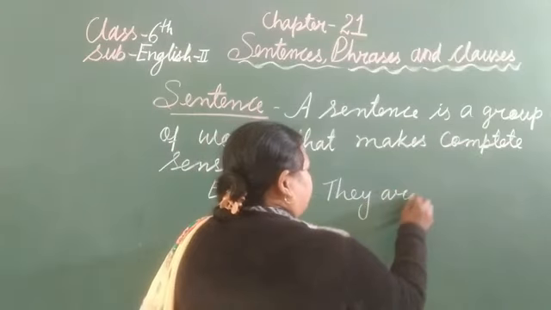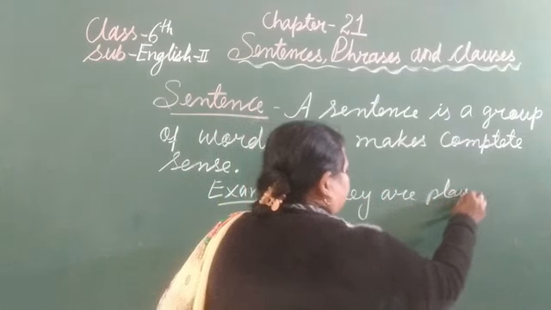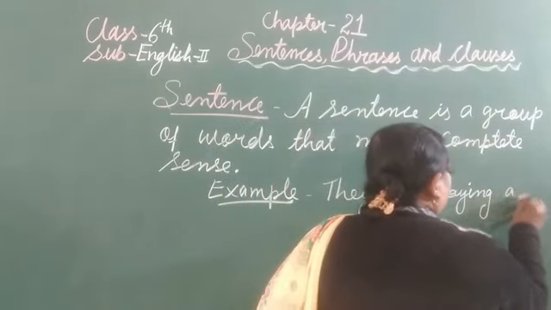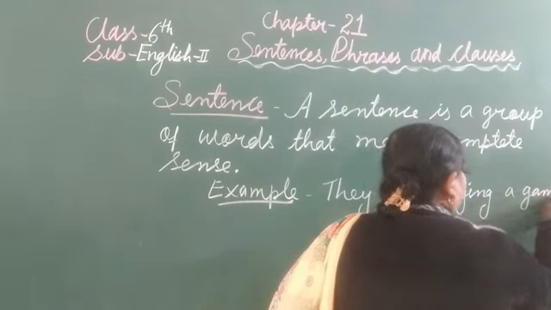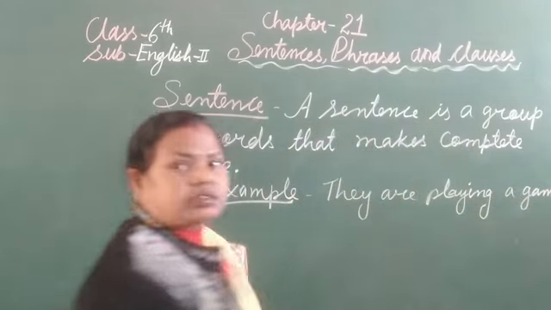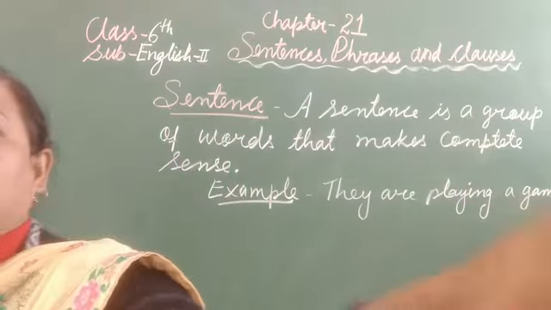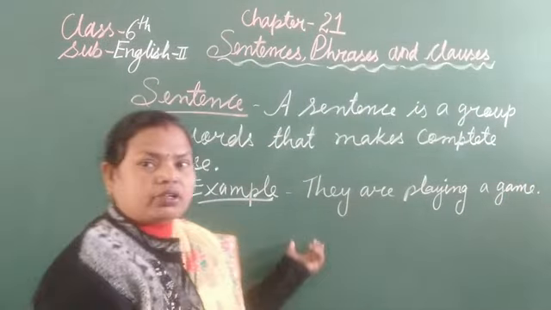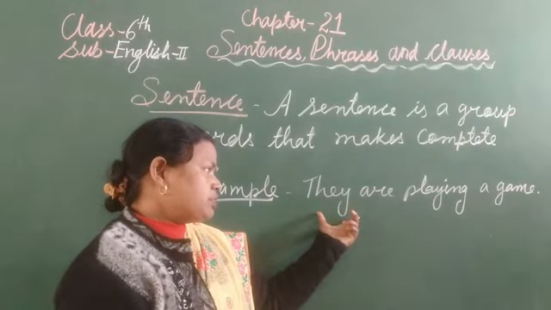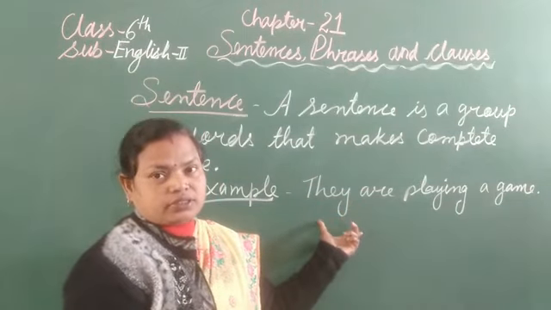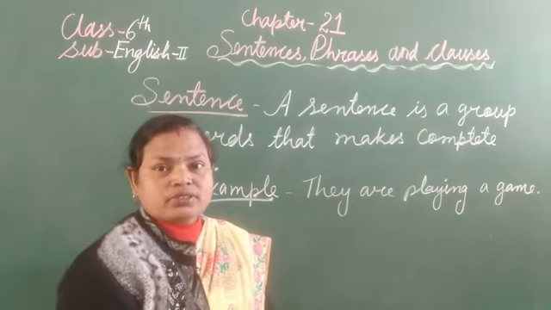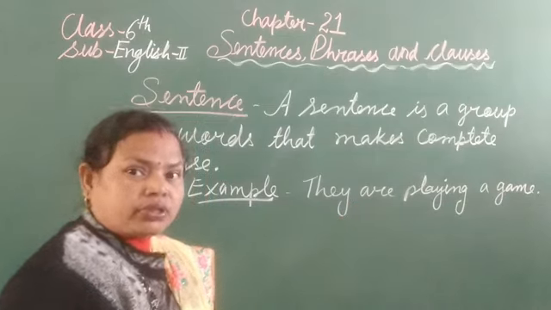They are playing a game. This is a sentence. If I say what type of sentence it is, as per type, it is a simple sentence. If I say tense, it is present continuous. Let's see one more example.